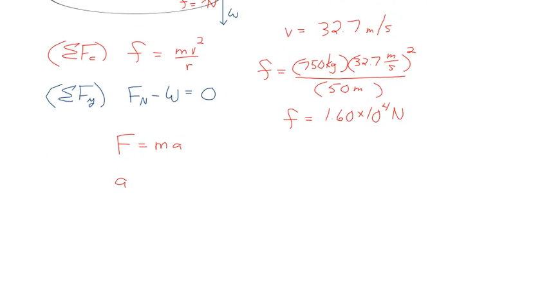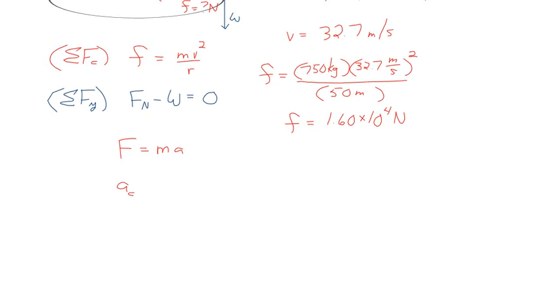The only acceleration of the car is centripetal because it's not changing speed. So there's no tangential acceleration. So the only acceleration is centripetal. It's the acceleration due to the change in direction. So that's going to be friction divided by the mass.